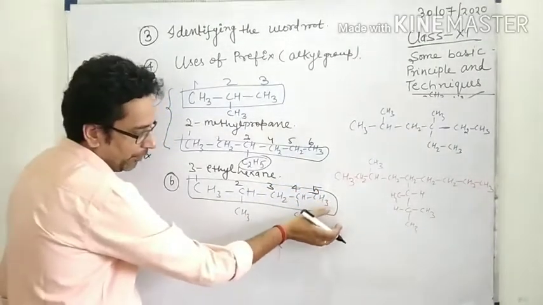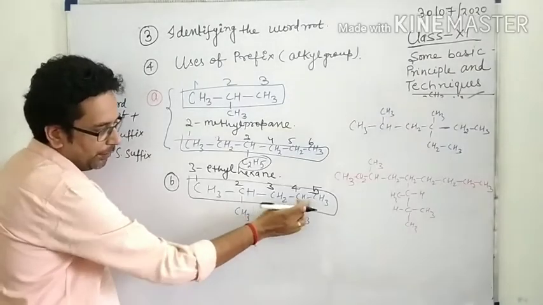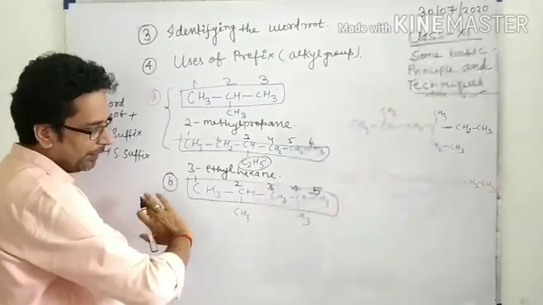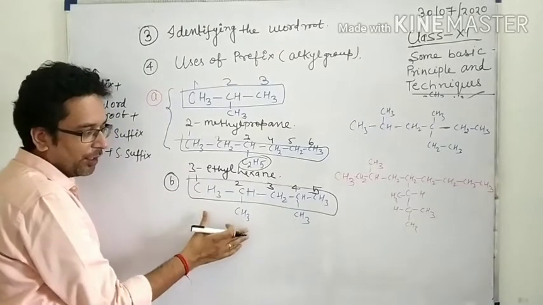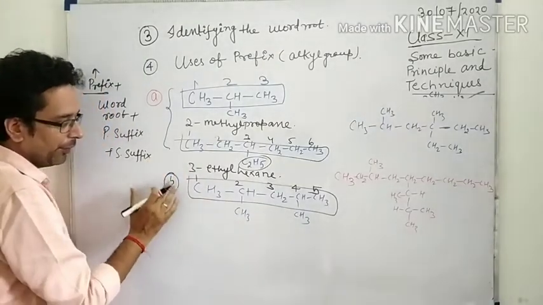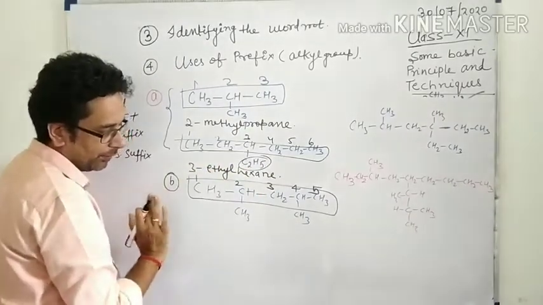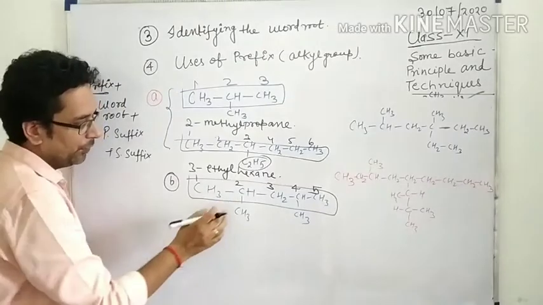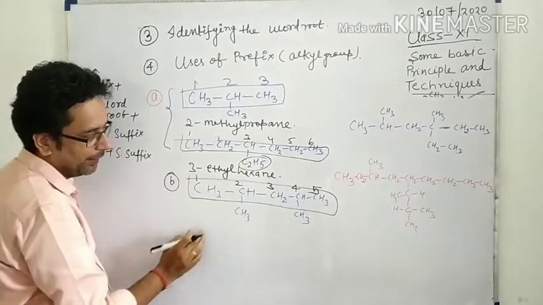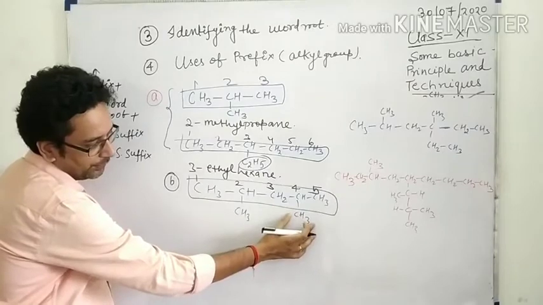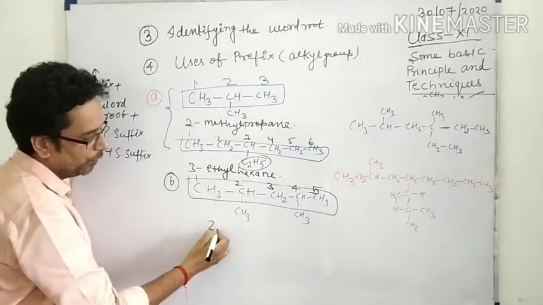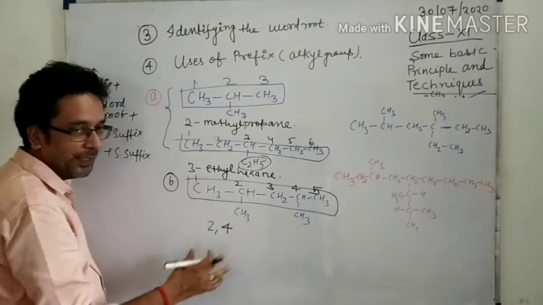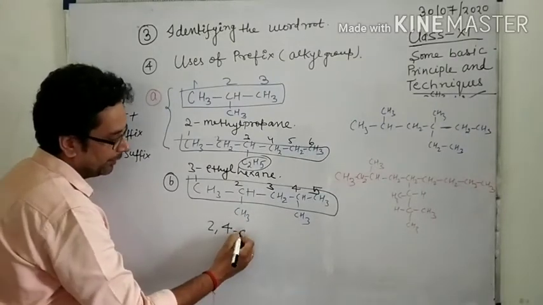If you give the number from this side, you find 1, 2, 3, 4. So similar means the same position occurs whether you number from the left side or the right side. So what is the name? Look here. The first methyl group is on the second carbon, and the last one is on the fourth carbon. So 2, 4. For 2 methyl groups we use dimethyl.